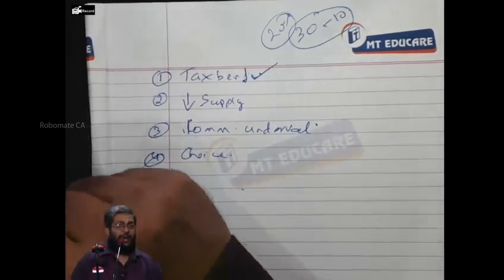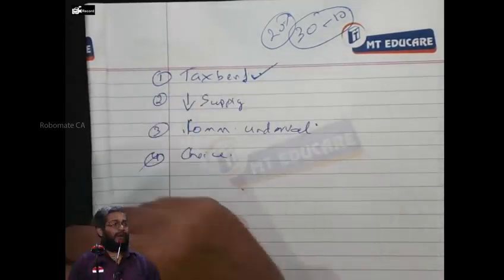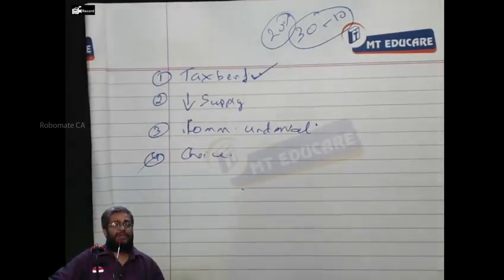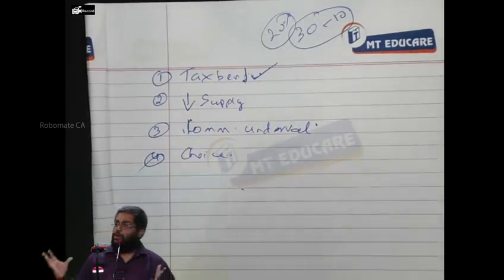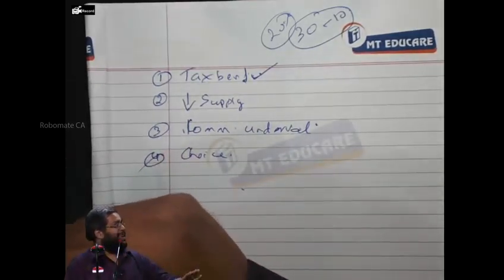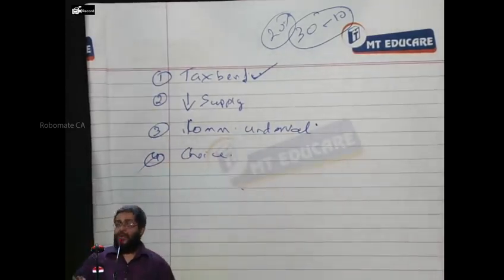Everybody following or not? Now, one more point I missed out. These are the 4 points discussed about the advantage of buyback. Now, one last point. In big companies, there can be 2 types of shareholders, not legally, but operationally.